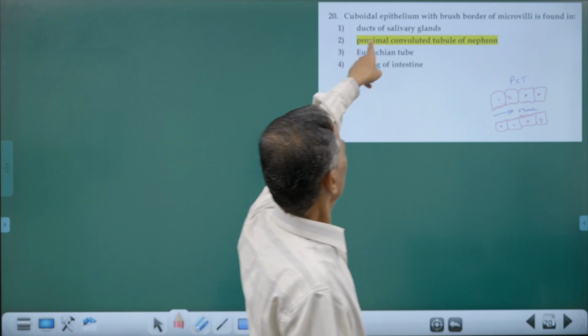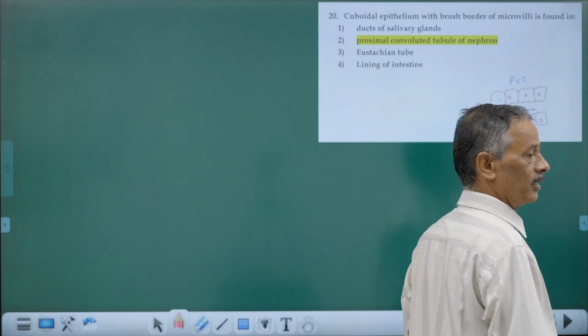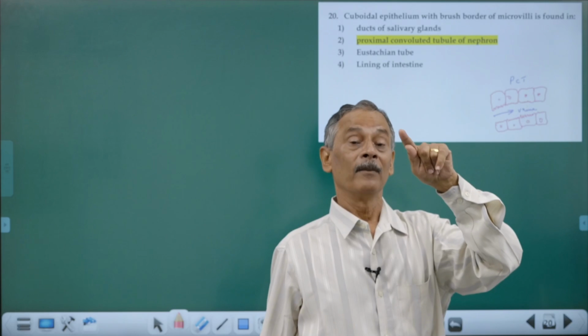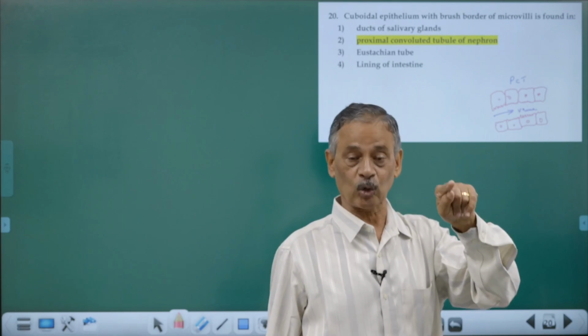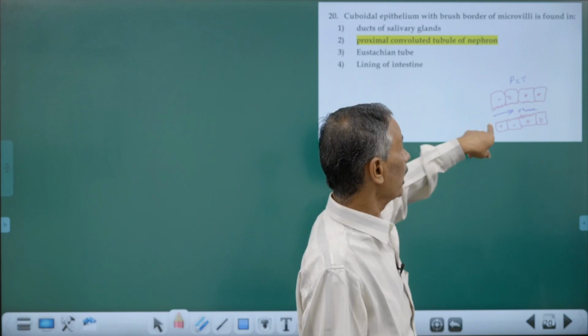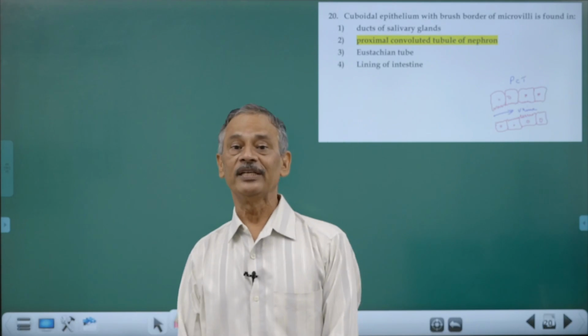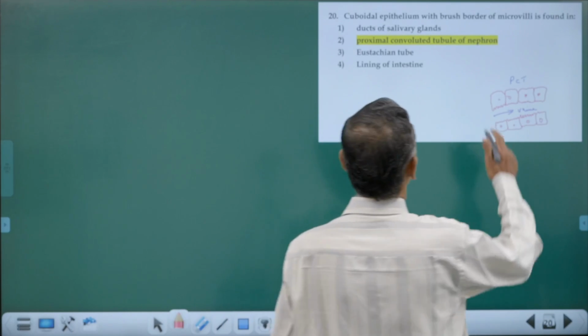Cuboidal epithelium with brush border. I told you that in epithelia, on the free surface, you may have some modifications, in the form of finger-like structures called microvilli that give you a brush-bordered epithelium, which is very common in PCT, DCT, etc. of urinary tubules.